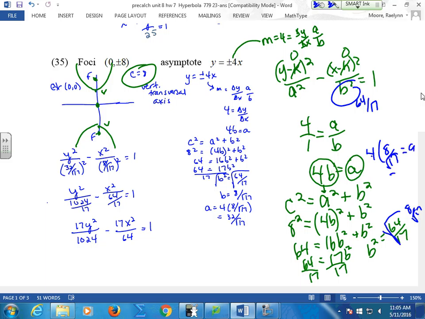So this is going to be 32 over the square root of 17. When you square this to put it in here, this becomes 1024 over 17. And again, we can't leave those fractions in the denominator, so we flip them to the top.